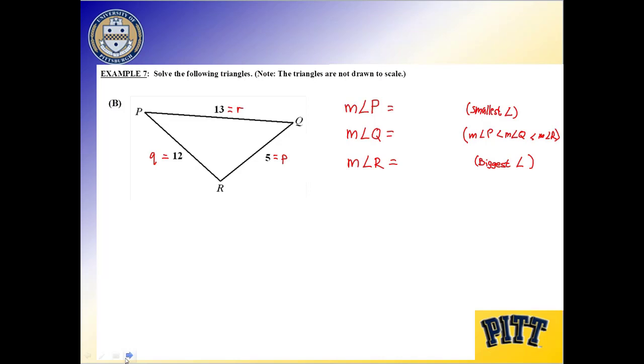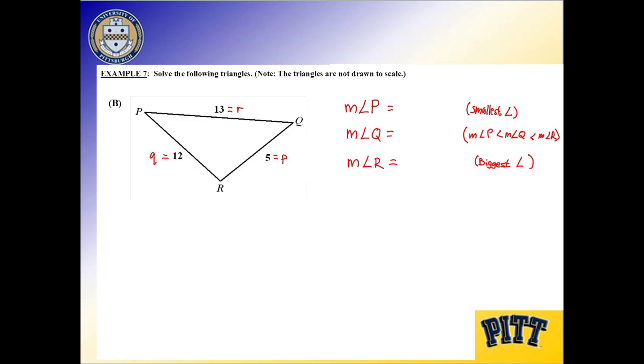So if there is an obtuse angle, arc cosine is going to tell me I have an obtuse angle, and I'm going to be able to find it. That's where the issue with using the law of sines comes in, because if I'm using the law of sines to find an angle measurement, I am typically going to need to use arc sine eventually to get that actual measurement. So I'm going to use the law of cosines to find angle R.